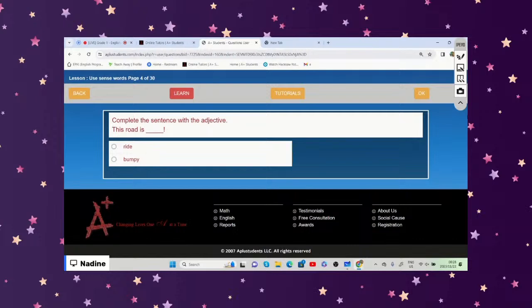And this road is, do we say this road is wide or this road is bumpy? So if it's not a smooth road, then what kind of road is it?